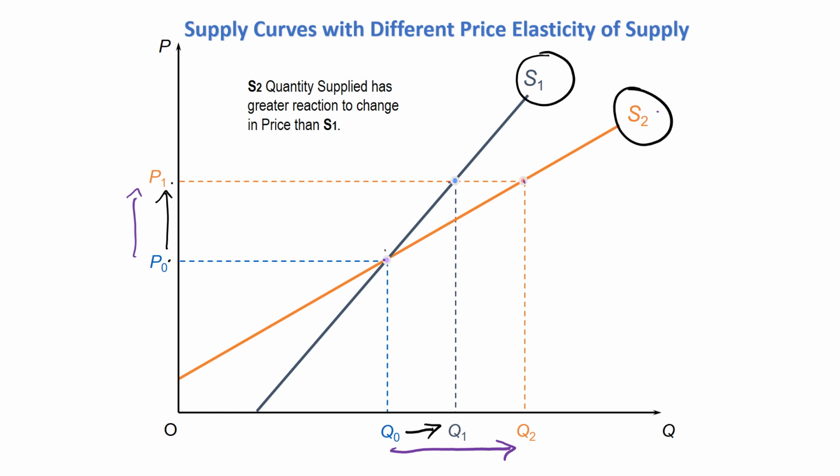What's happening? It means that S2 is more elastic. S2 is reacting more to a price change than S1. So S2 has a greater reaction to a price change than S1. S1 just a bit, S2 much more.